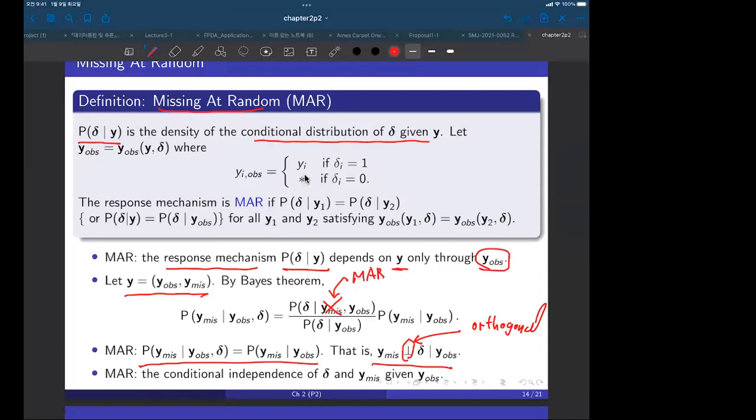Mathematically, orthogonal means statistically independent, right? So you can think of three random variables: y observed, y miss, and delta. And y miss and delta are independent given the observable variable. That is the basic concept.